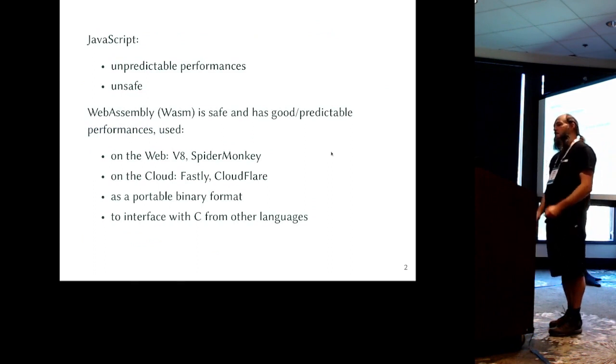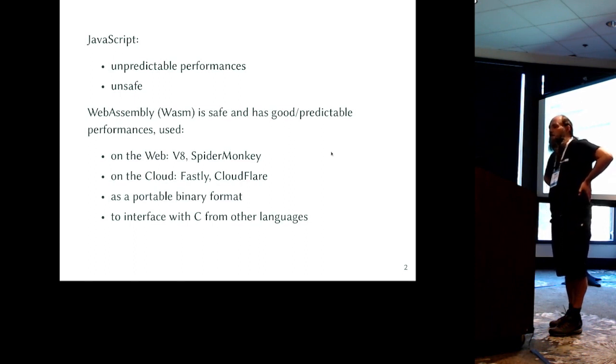So why compile to WebAssembly? Since, well, OCaml already has a compiler to JavaScript, which works quite well. Because basically JavaScript has some problems when you compile to it: it's quite unpredictable in performance, and you generate gigantic JavaScript files that can take quite long to load.